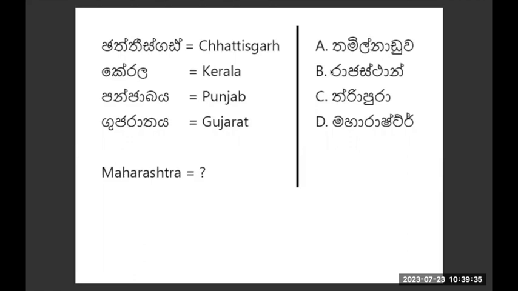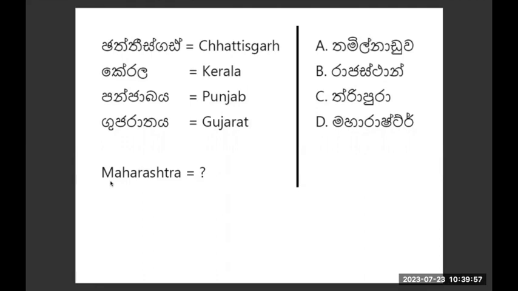Please remember the sounds which come. The R sound, which you see in Kerala and Gujarat, is also seen in Maharashtra. The clue here is, what is the similar letter that you find in Kerala and Gujarat?